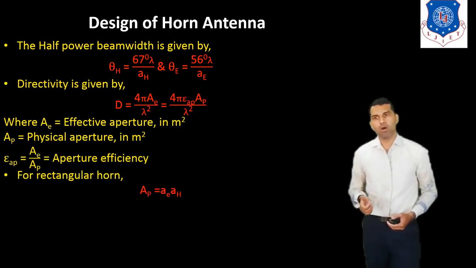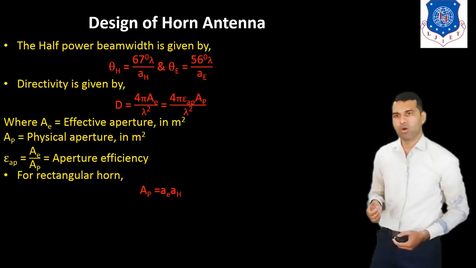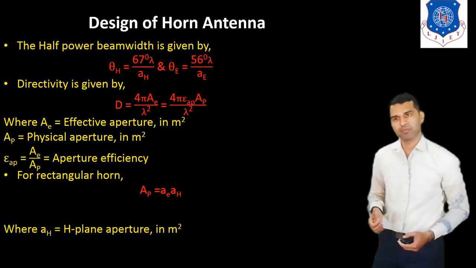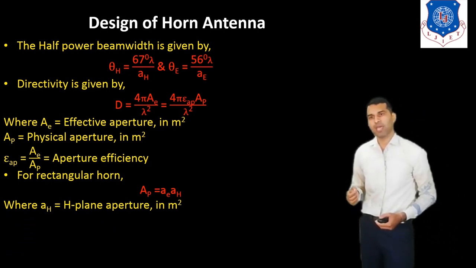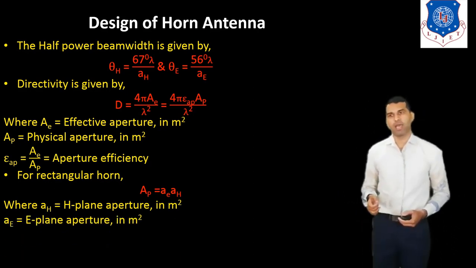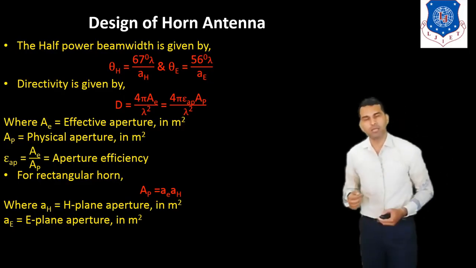For a rectangular horn we can write Ap is equal to small a into aH, where aH indicates the H-plane aperture in meter square and small a indicates the E-plane aperture in meter square.